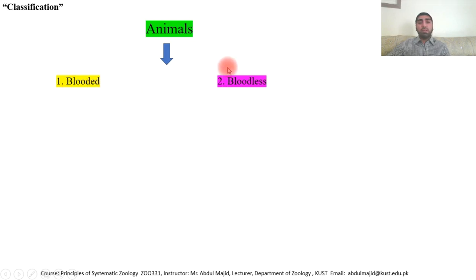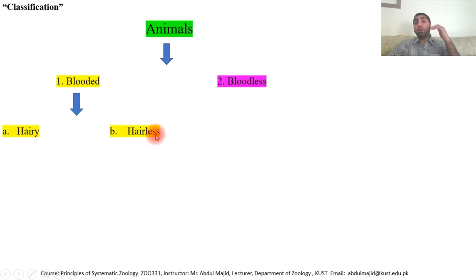Then the blooded were divided into hairy and hairless. For example, birds don't have hair, and the mammals have hair. So subordinate groups were divided into subordinate groups: animals into blooded and bloodless, and blooded into hairy and hairless.